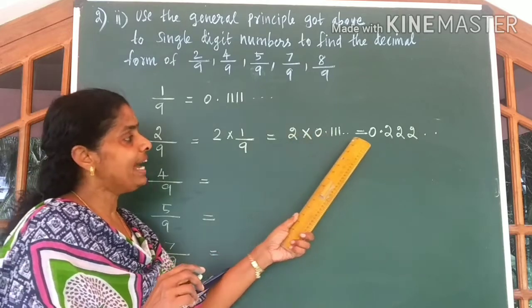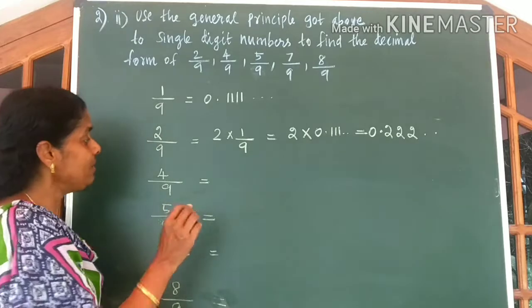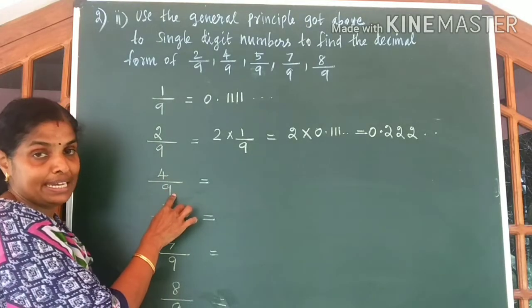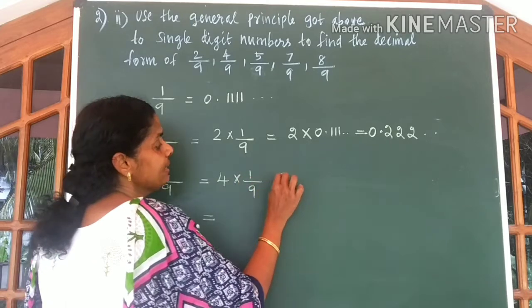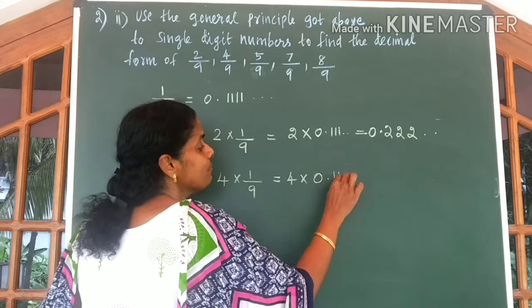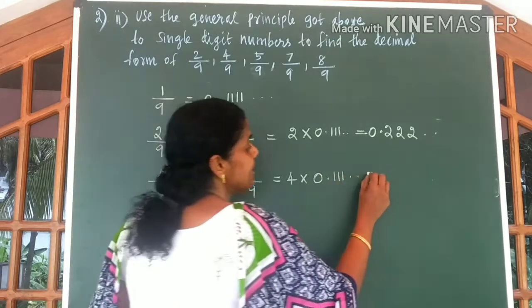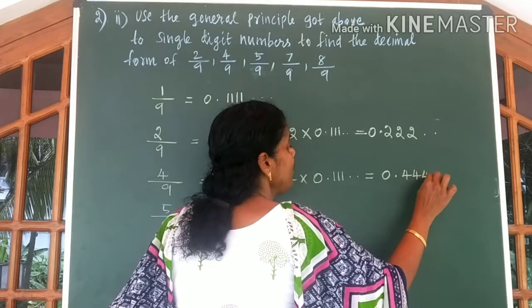So we got the answer as 0.222. Similarly, we can write 4 by 9 as 4 into 1 by 9. That is equal to 4 into 0.111. That equals 0.444, etc.